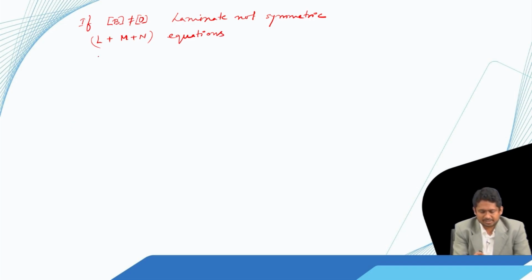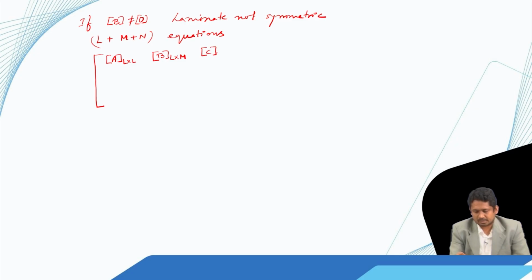And those equations can be written in this form: A of size L by L, B of size L by M, C of size L by N, and then we have the B matrix transpose.